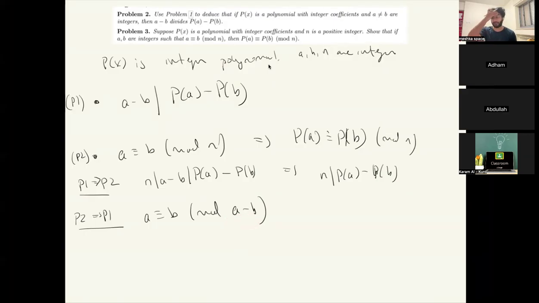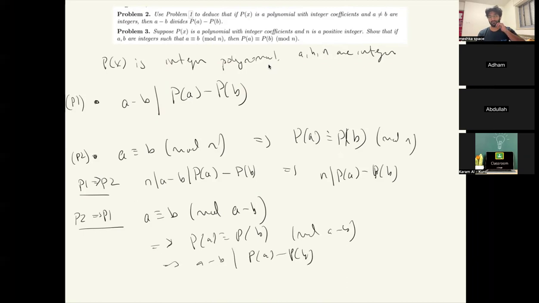A is congruent to B mod A minus B. And so it follows, if we assume property 2, that P of A is congruent to P of B mod A minus B, which says that A minus B divides the difference. Makes sense? So they're equivalent.